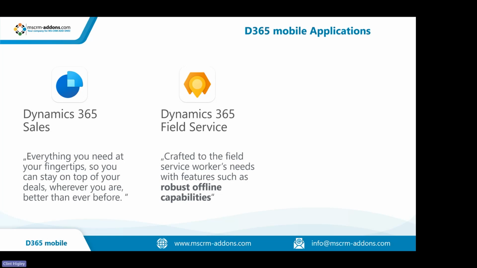The one thing that's really interesting for this one is it has really robust offline capabilities, right? So you don't always have to have a connection. Sometimes, when you're in these larger factories, you don't have a connection, but you're still able to use this.